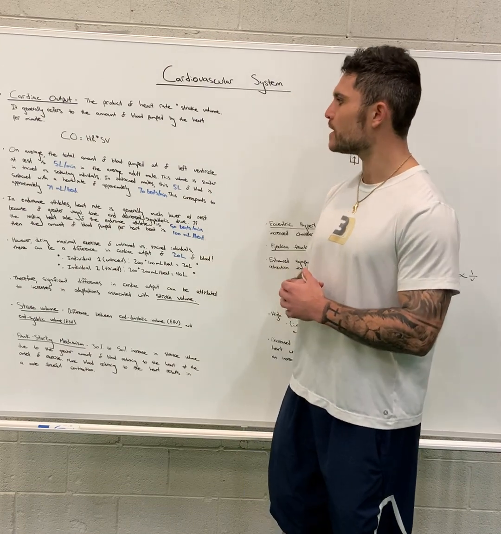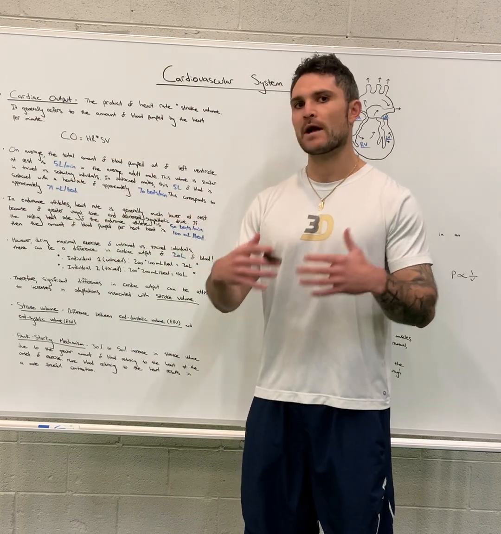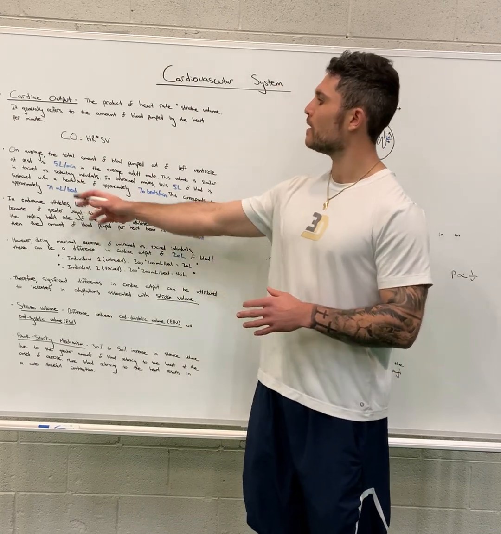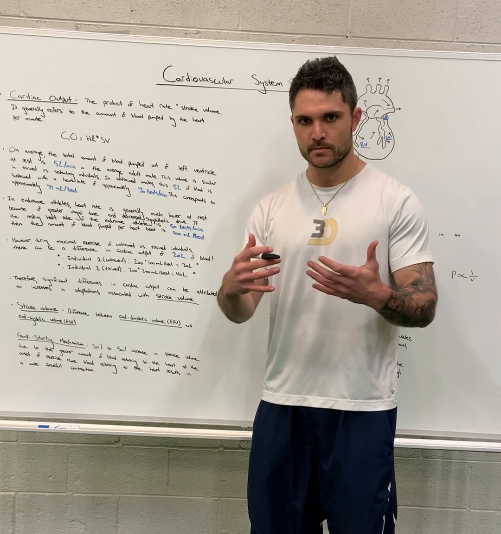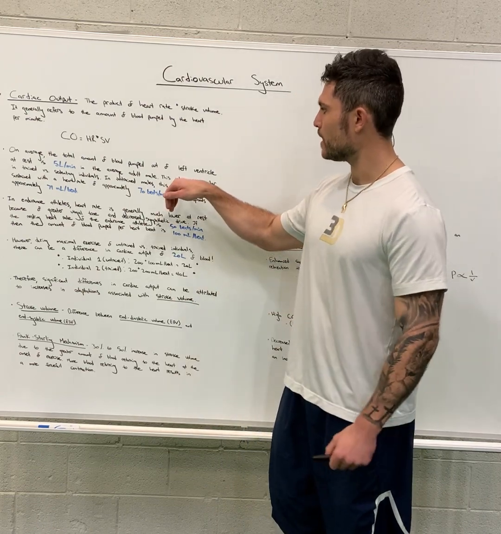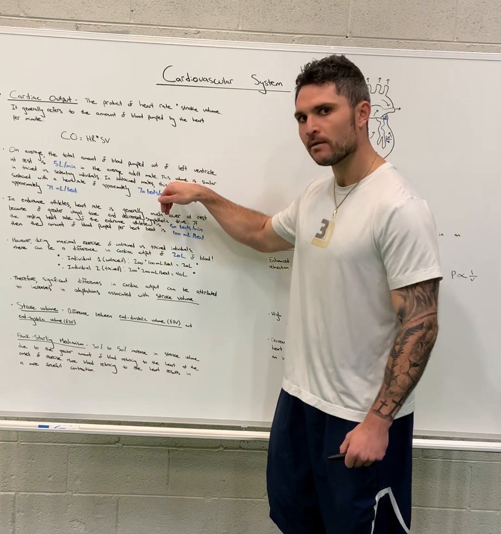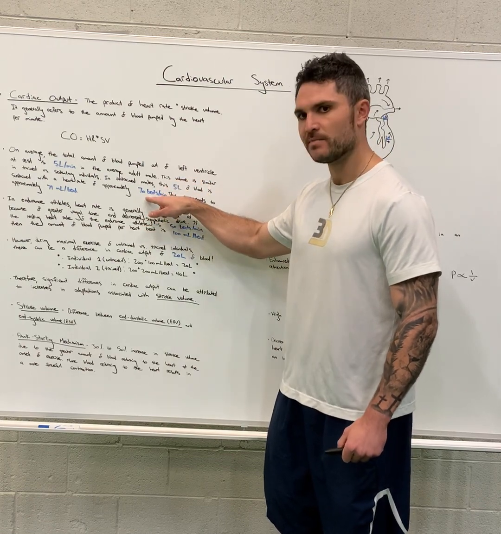So as we can see here, in a sedentary individual at rest, they may be pumping out 71 milliliters of blood per beat in order to maintain a cardiac output of 5 liters of blood. Their average heart rate is 70 beats per minute.